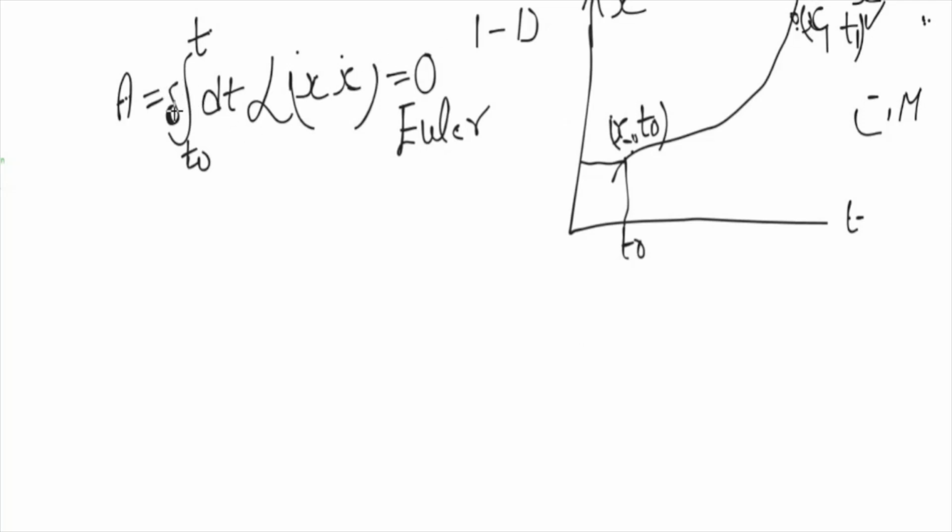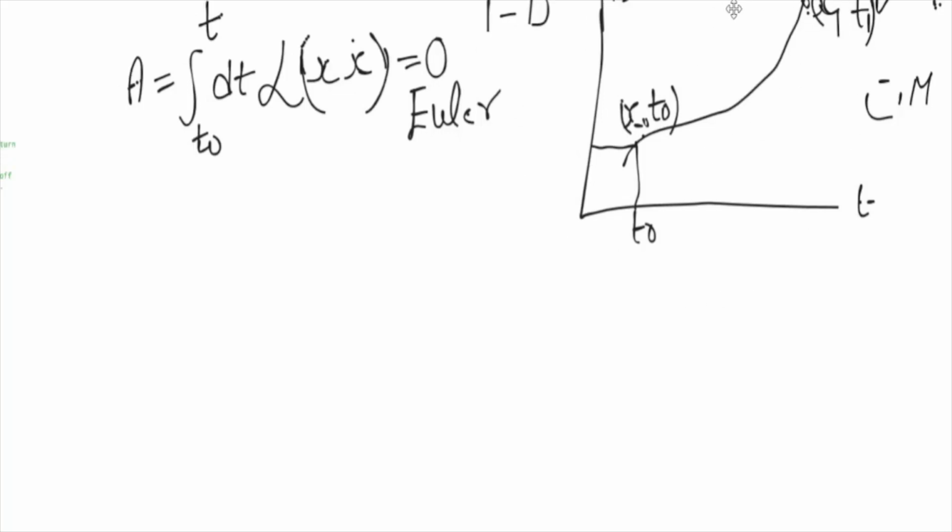First, here there will be no delta. It will be the action, and the action is equal to the integral of the Lagrangian, which is a function of x and x dot. Now we are reducing this problem to an approximate problem.